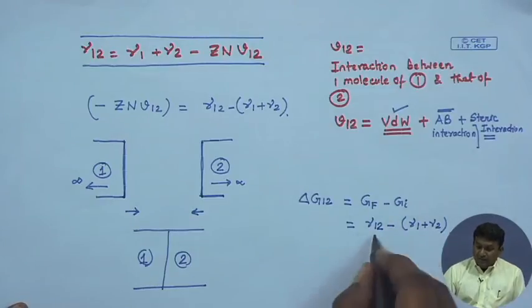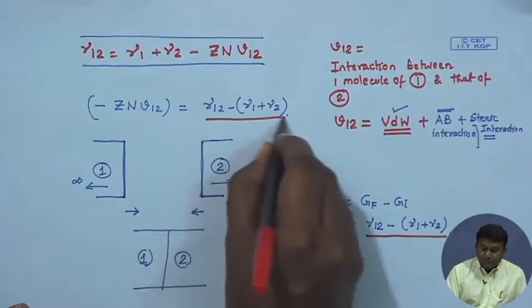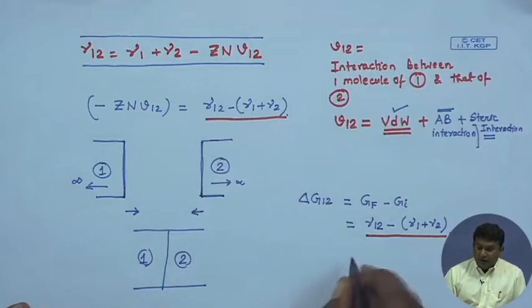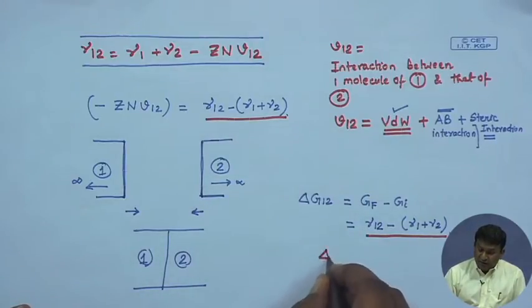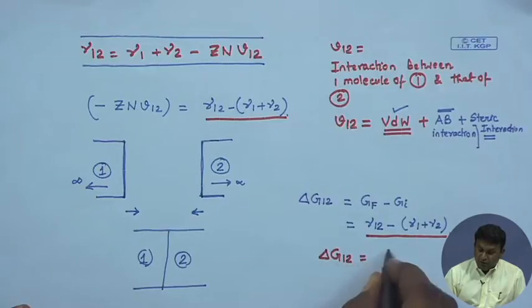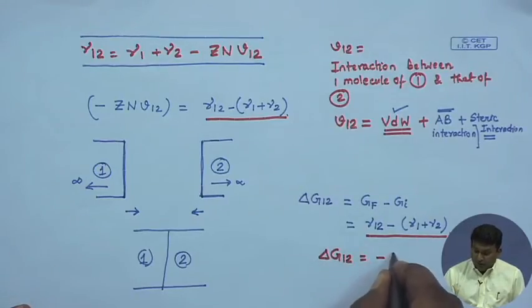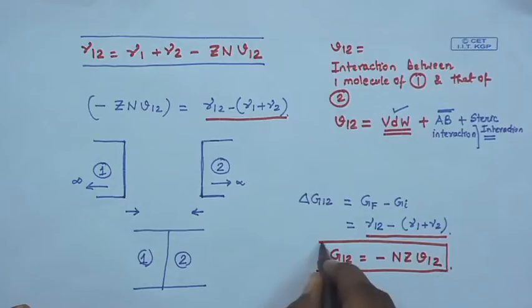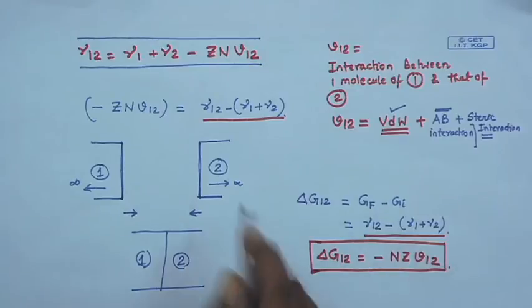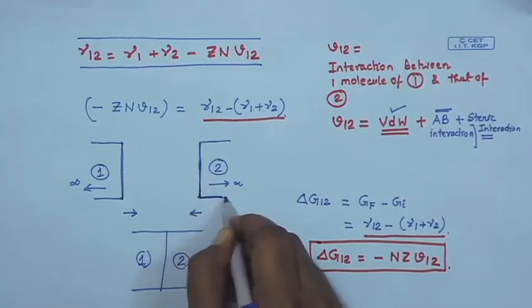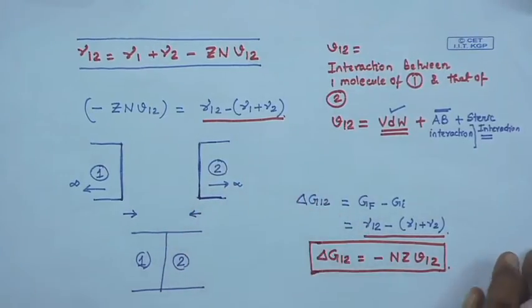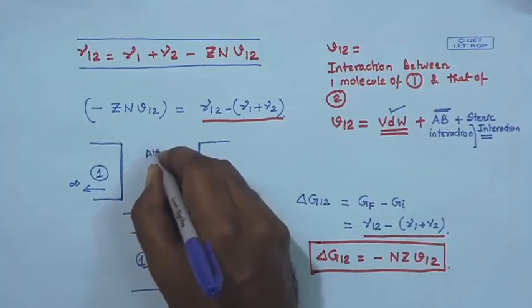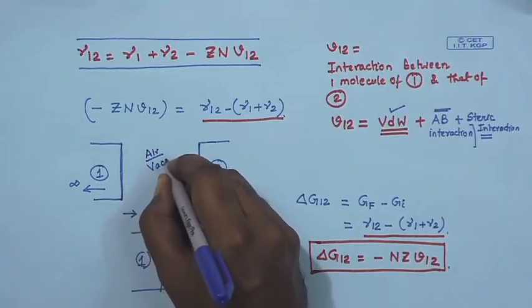Now, if we compare this and this equation, we straight away get an expression for delta G 1 2, which turns out to be minus n z v 1 2. So, this allows us to get an expression for the change in the free energy when two objects come in contact with each other, but it must be understood that the two objects initially come in contact either in air or vacuum.